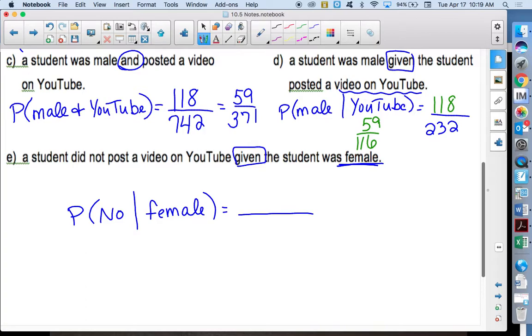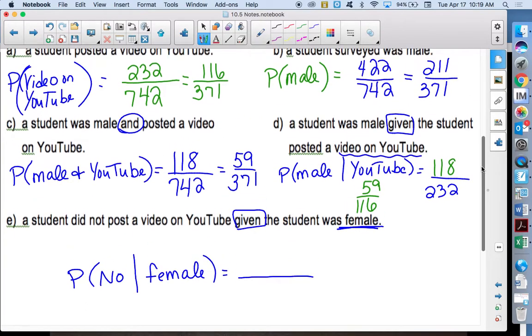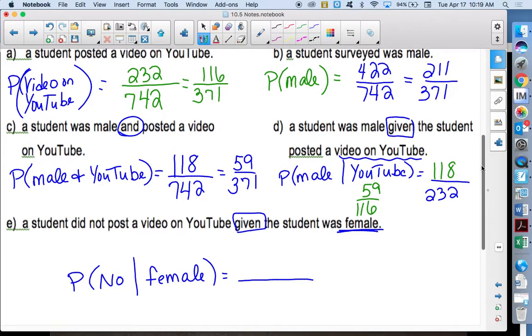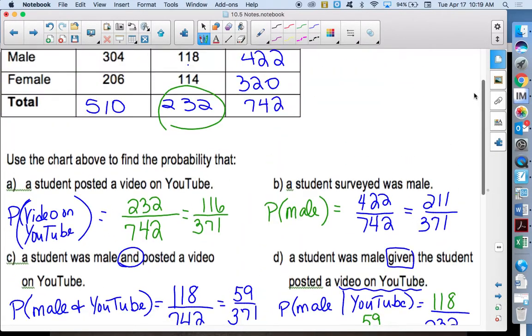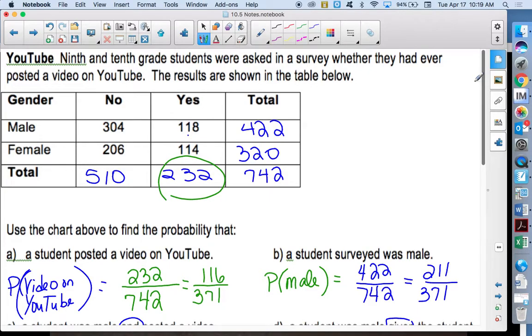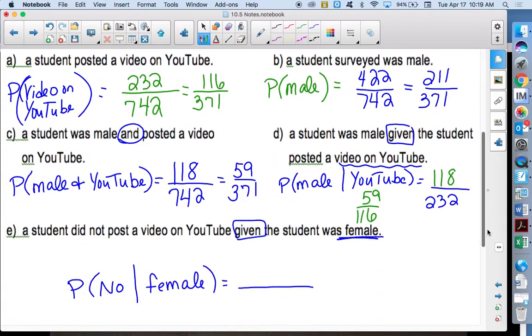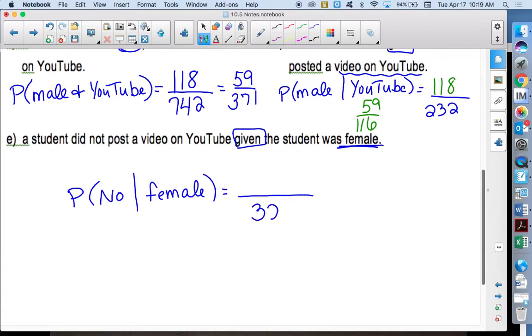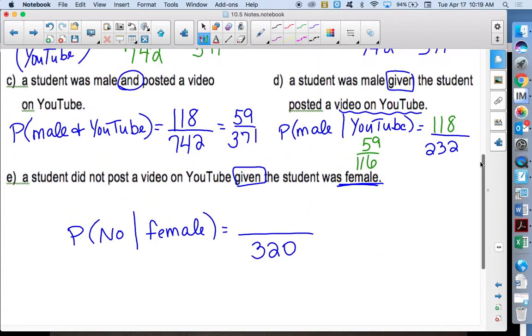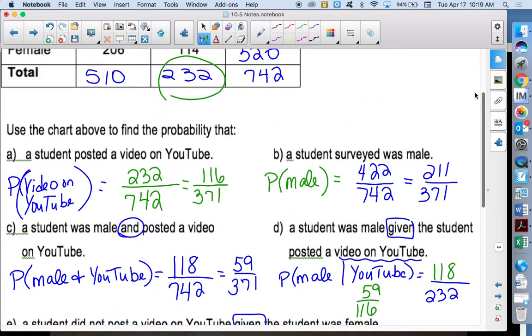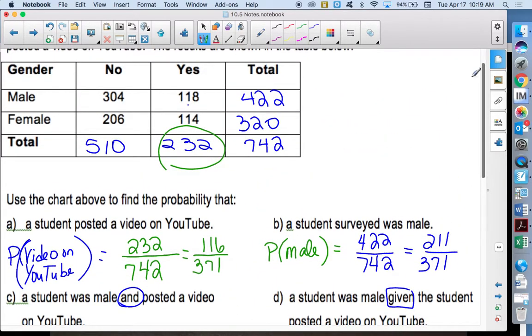So what's the total number that we're looking for? No. The bottom. So what's the bottom number going to be? 320. So the bottom number would be the number of females, that would be 320. The top number would be the females that said no, they did not post a video on YouTube, which would be 206.